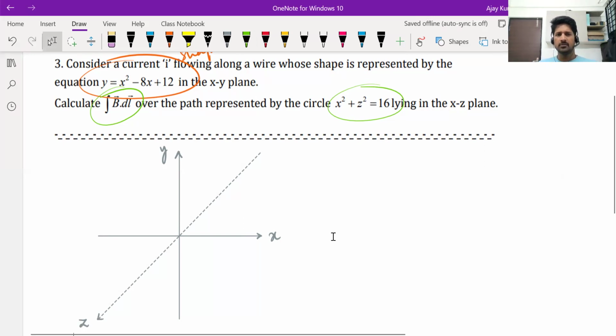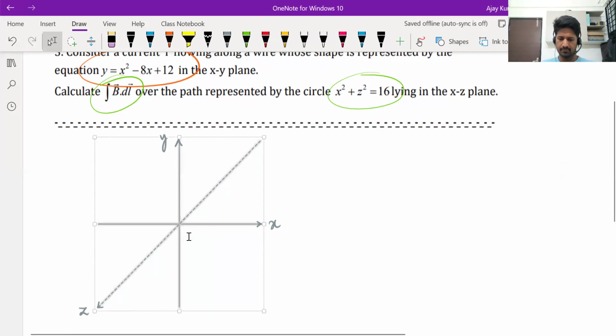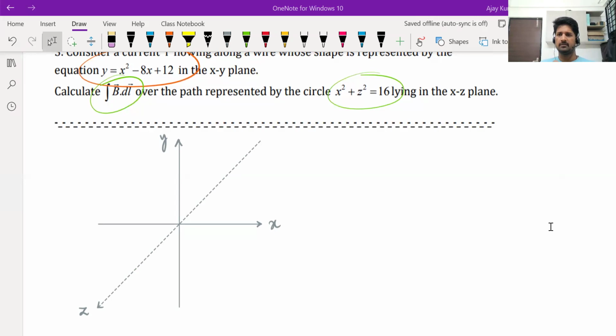Can any of you quickly tell me the roots of that equation y is equal to x square minus 8x plus 12? Or at least the shape of that wire represented by that equation.